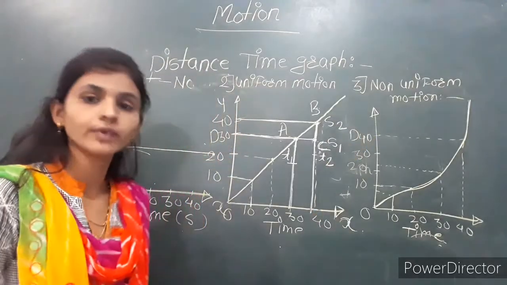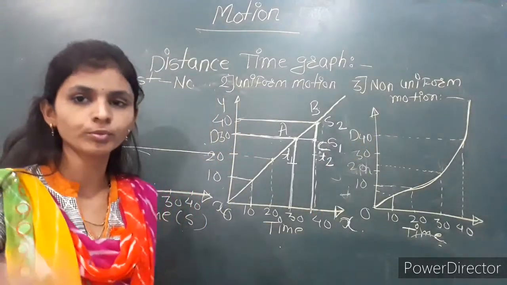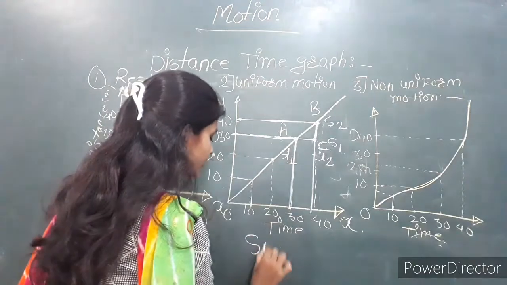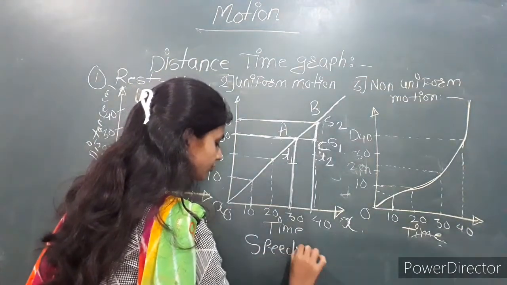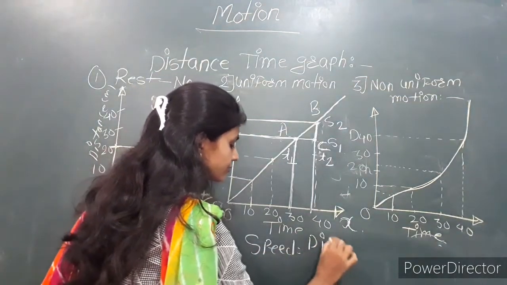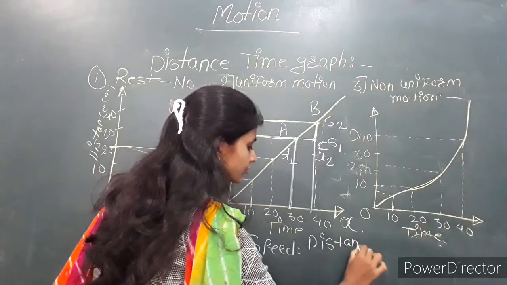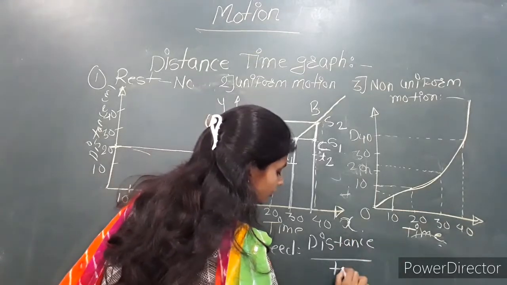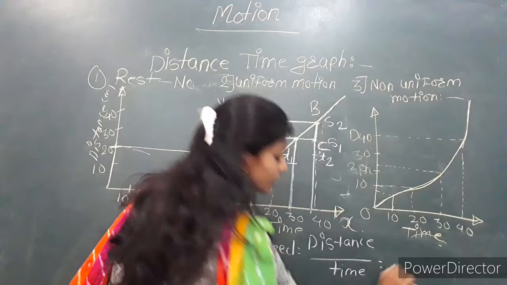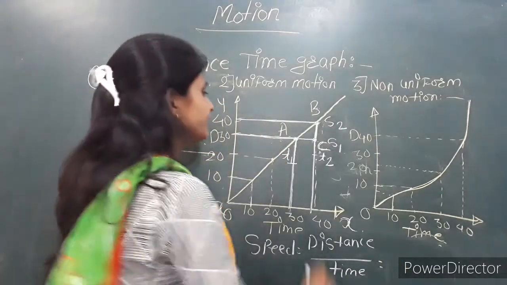So students, everyone knows the formula of speed. Speed is equal to distance upon time. So here distance means what?